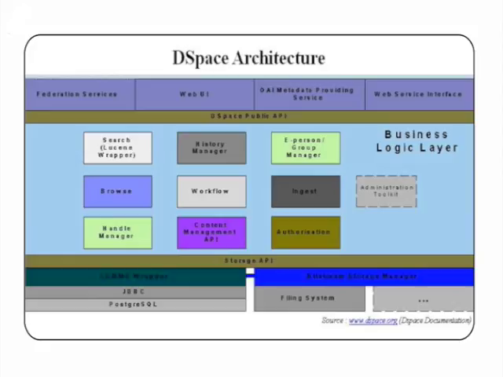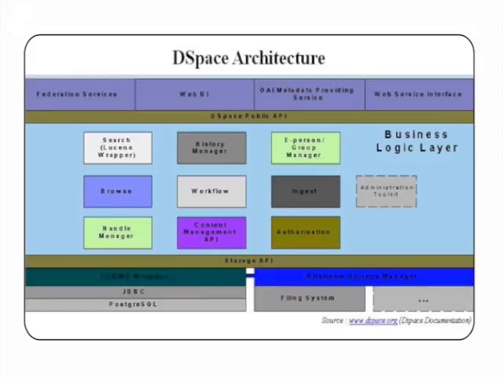These public API components interact with the business logic layer in the middle, which provides search and browse components, handle manager, and history manager, which takes care of logs and statistics. The business logic layer also contains components to manage the ingestion process and workflow, components to manage e-persons, groups and their authorization, along with content management API and administrative toolkit.